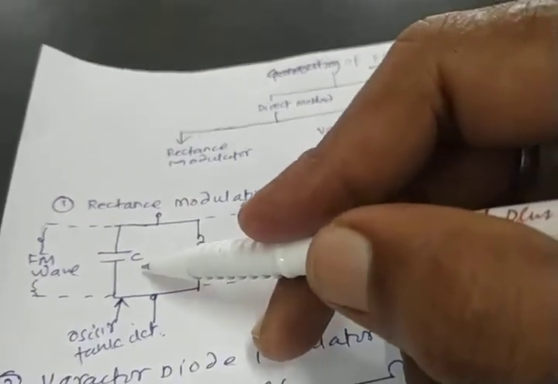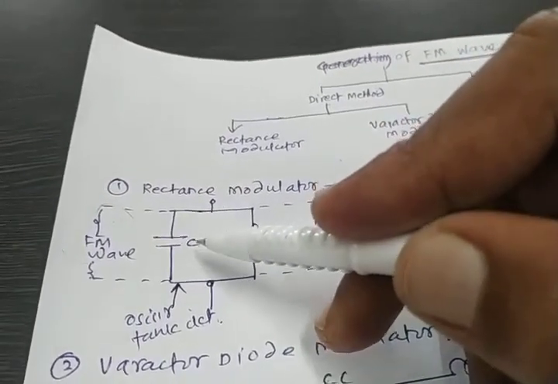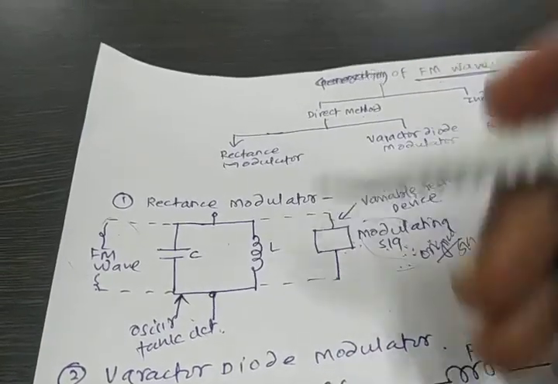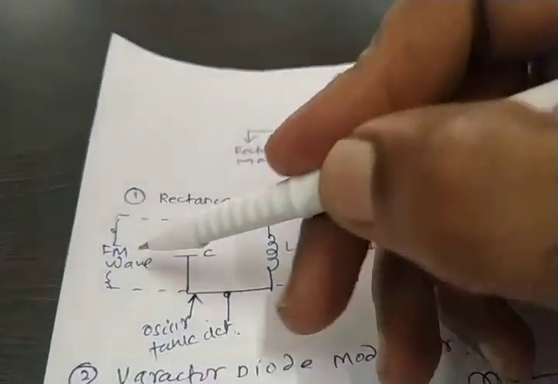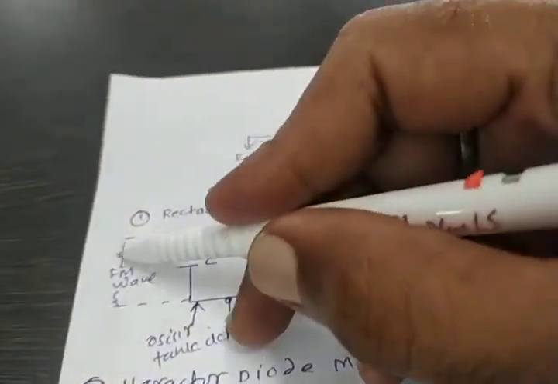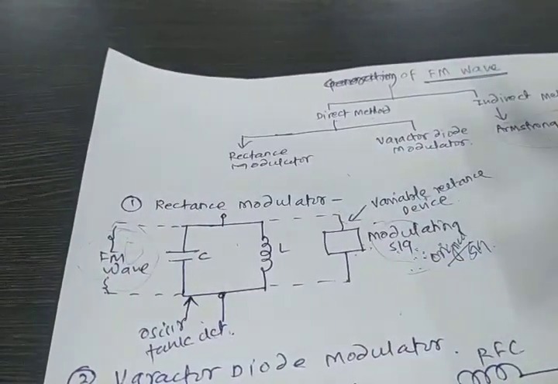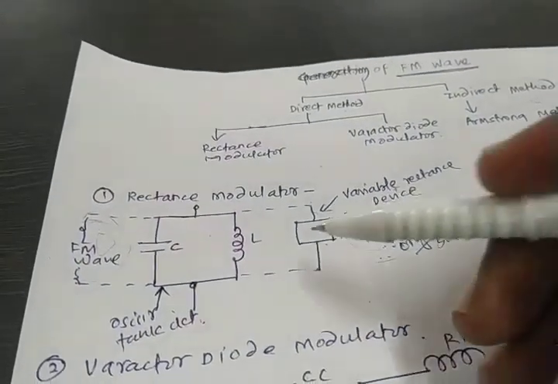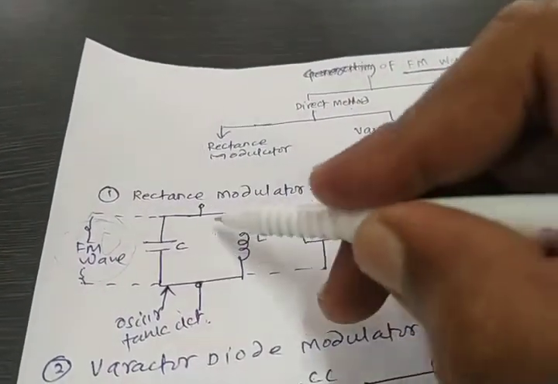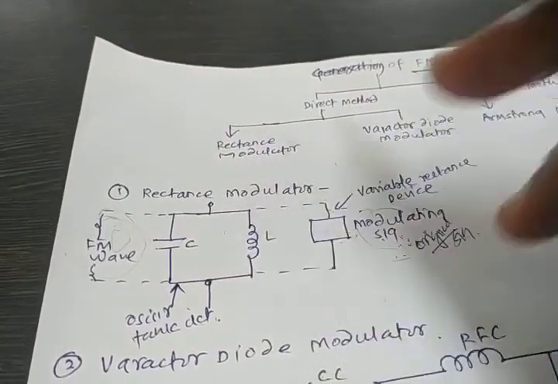When the tank circuit tunes the signal, it generates the frequency modulated wave. At the output of the tune circuit, we can observe the frequency modulated signal. This is a very simple reactance modulator circuit.